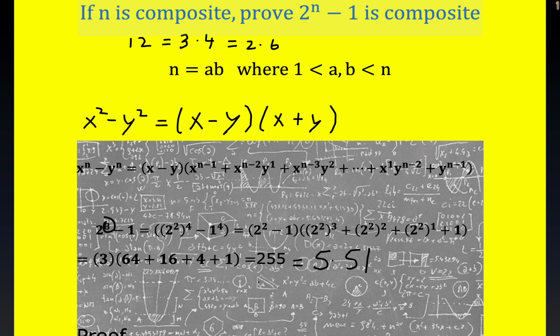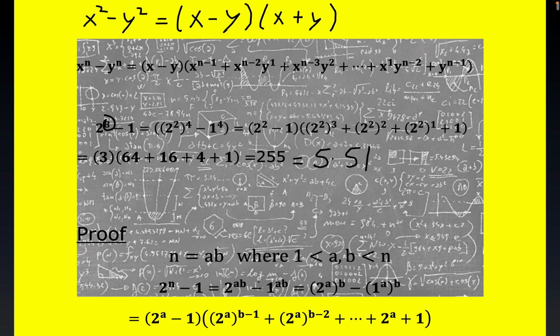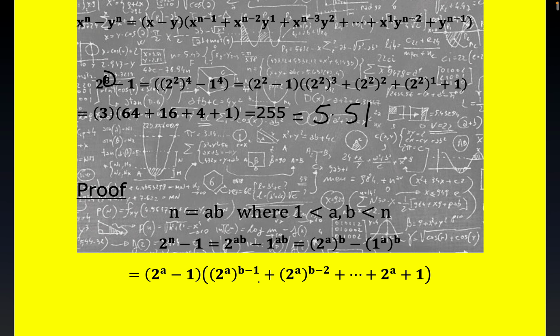Now let's look at the proof. The proof is really nice. It washes out very quickly. And y'all, I won't say too much here. We start with a composite number. And notice that because n is composite, we can utilize this formula up here in this fashion.